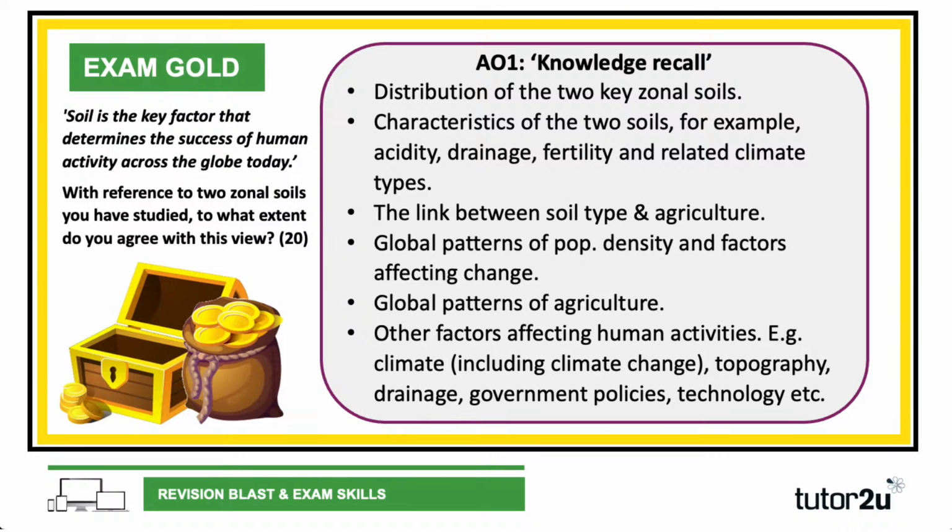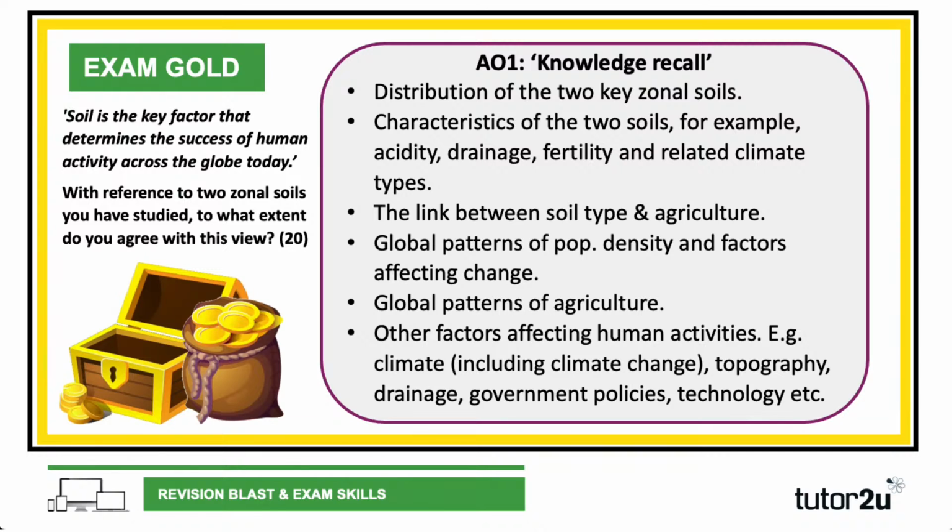So thank you. You've got 10 marks for what we might loosely call knowledge recall, facts and figures. That's just for the AO1 part of this, what you can remember, your knowledge about this topic.